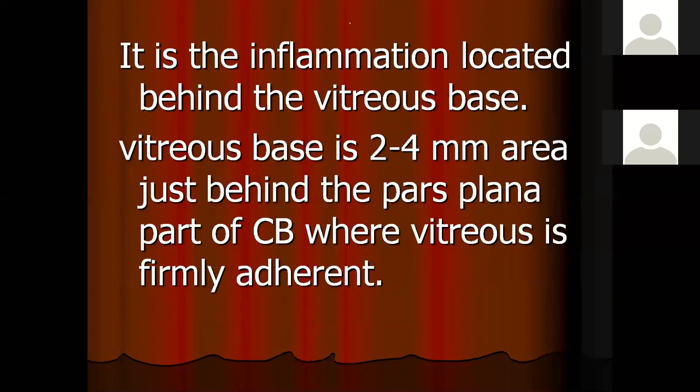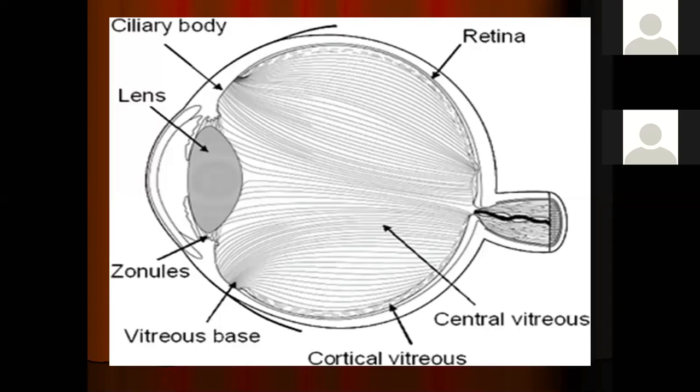And we must know the anatomy of the vitreous base. It is a 2 to 4 millimeter area just behind the pars plana of the ciliary body, where the vitreous is firmly attached. Just look into this diagram. You will come to know where is the vitreous base. This is the vitreous base.